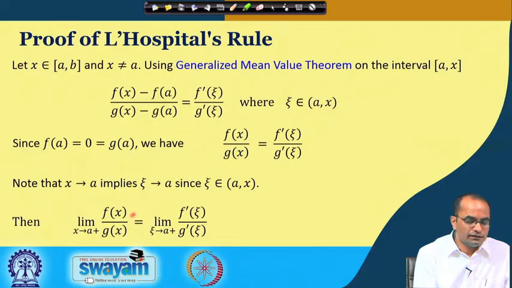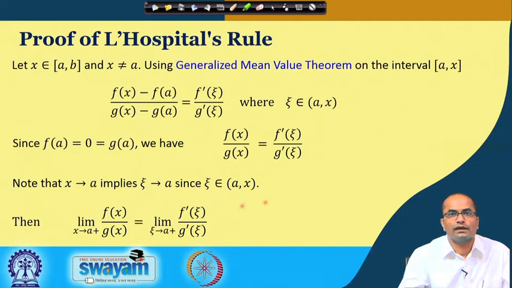So, if we take the limit as x goes to a of f(x) over g(x), this will be equal to the limit as xi goes to a plus, because xi belongs to the interval a to x, so xi will go to a plus, from the right side, of f prime over g prime.